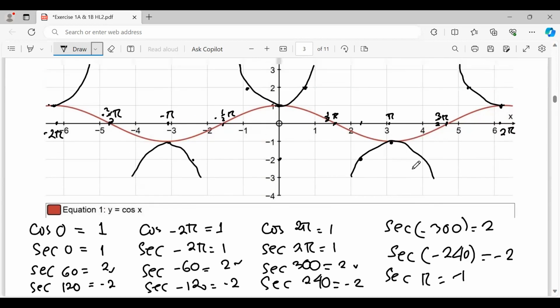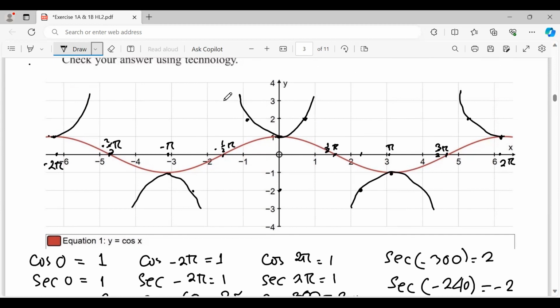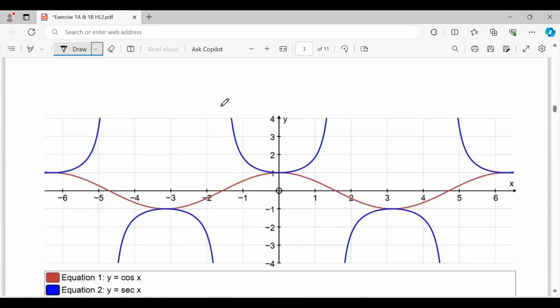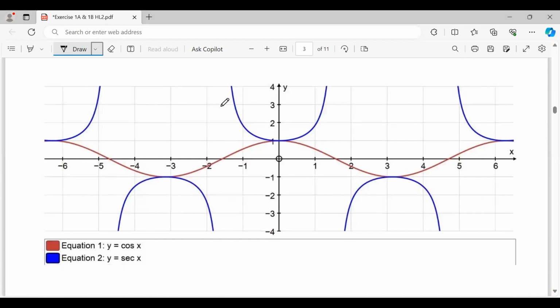So there are asymptotes actually like this. I have sketched both graphs. The colored graph is the graph of y equals cosine x, while the blue graph is the graph for y equals 1 over cosine x, or secant x.